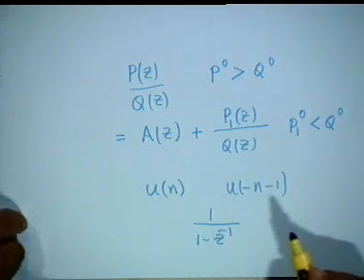We also took an example in which there were 3 possible ROCs and therefore 3 different sequences. The Z transform is a 1-to-1 transformation only if the ROC is specified, otherwise the answer can be non-unique.